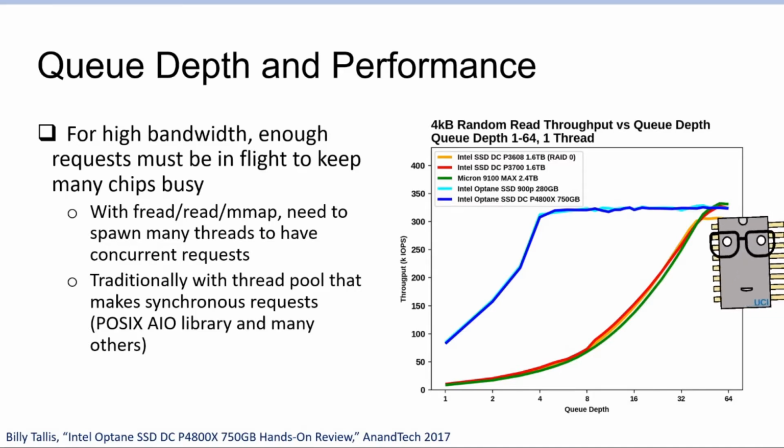For example, if you're using a PCIe Gen 3x4 M.2, which seems to be the norm nowadays, to get the 3.6 gigabytes per second that the device promises, then you need to always have 64 requests being serviced by the storage device at any given time. If you have 2 storage devices plugged in, then 128 requests need to be in flight at any given time to actually achieve this peak performance.